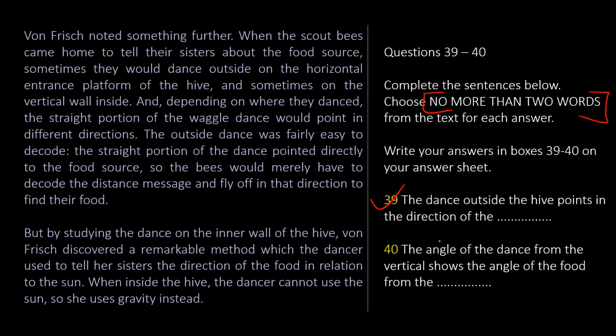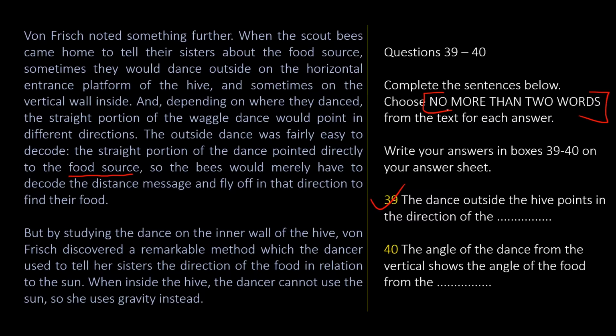Now if you look at this one, the dance outside the hive points in the direction of the blank. The answer is here: food source. The outside dance was fairly easy to decode. The straight position of the dance pointed directly to the food source.